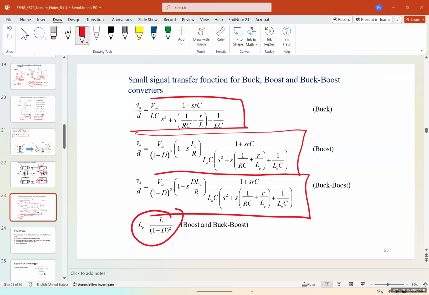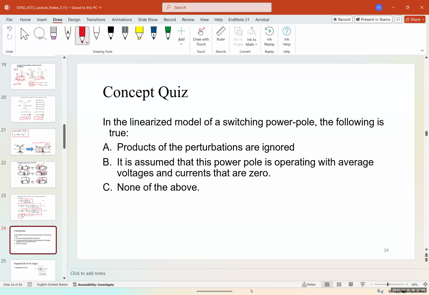In the linearized model of a switching power pole, the following is true. A, products of the perturbations are ignored. B, it is assumed that this power pole is operating with average voltages and currents that are 0. And C, none of the above.